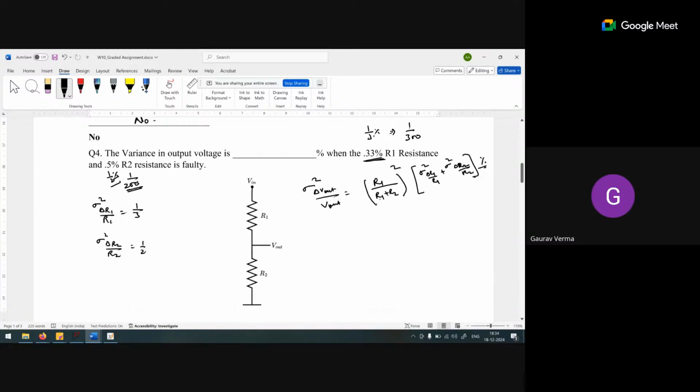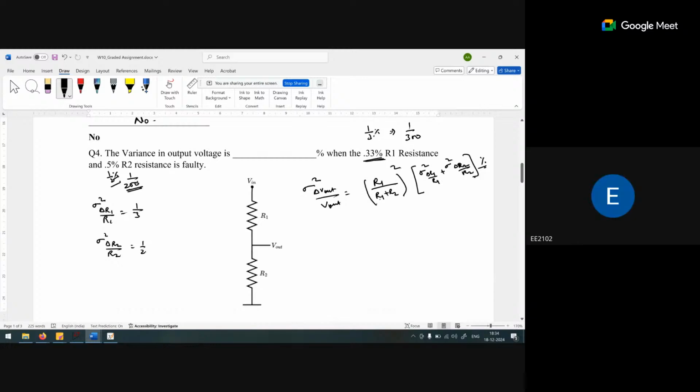Sir, but we don't know the values of R1 and R2. But here, I have already sent a message that R1 and R2 are equal. Yeah, you sent across that message. So that means the first proportion should be taken as half.